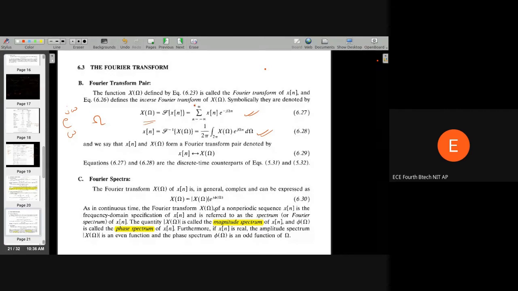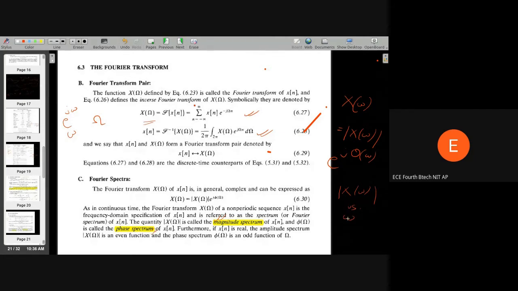So we have talked about magnitude and phase. If you have X of omega, then you can represent it as this magnitude and phase. If you plot the magnitude of X of omega versus omega, that is your magnitude spectrum.